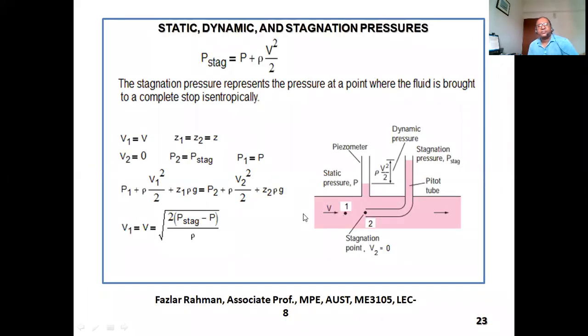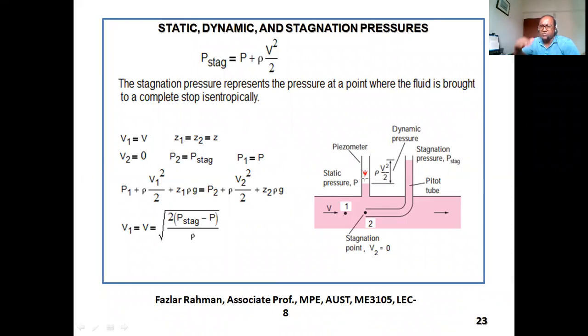Now, we know this is P stagnation pressure. Okay, you see there is a piezometer and there is a pitot tube, a kind of L-shaped tube, put in the flow. So what will happen? Due to the pressure, you look at the piezometer, at the top of the piezometer is atmospheric pressure, right?